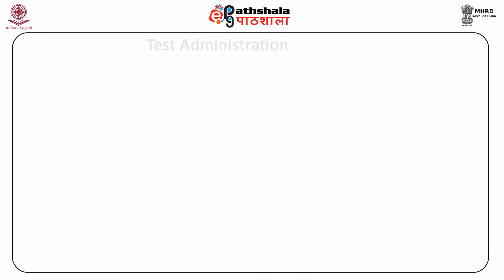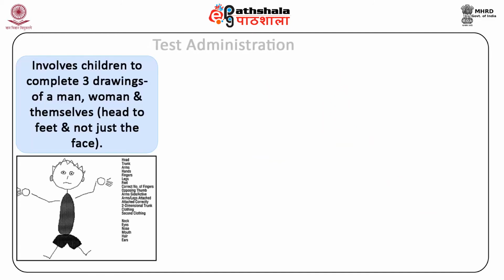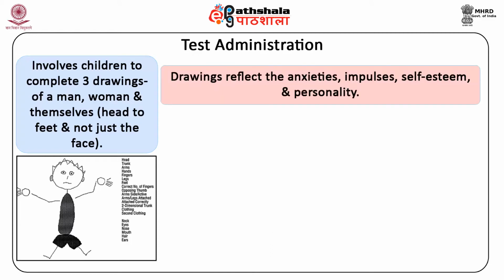Test administration involves children completing 3 drawings of a man, woman, and themselves, head to feet and not just the face. The drawings reflect the anxieties, impulses, self-esteem, and personality of the test taker.